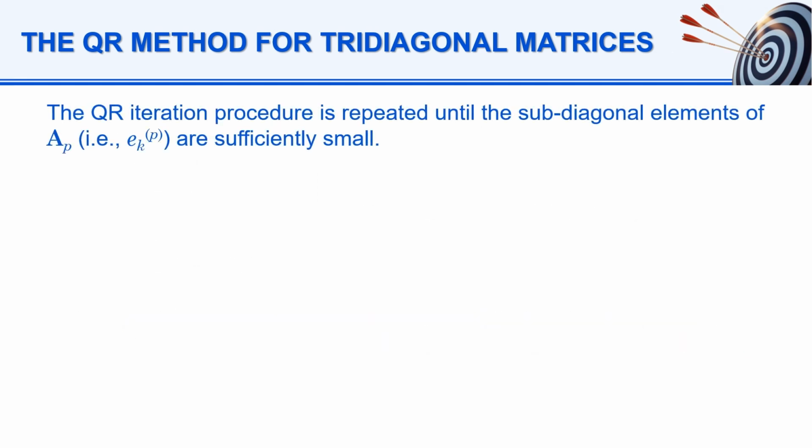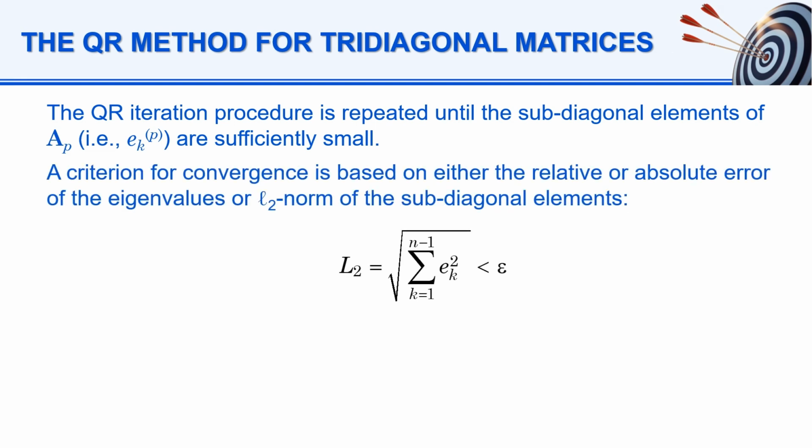The QR iteration procedure is repeated until the subdiagonal elements of AP, i.e., the Eks, are sufficiently small. A criterion for convergence is based on either the relative or absolute error of the eigenvalues or the L2 norm of the subdiagonal elements.